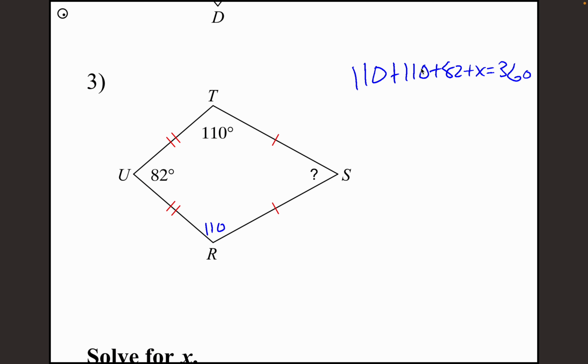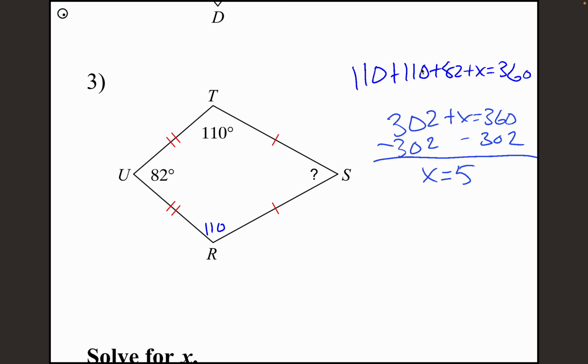When we added those together, what did we get? And we subtract 302. X equals what? 58 degrees. There we go. Perfect.